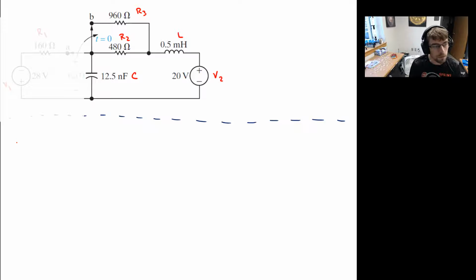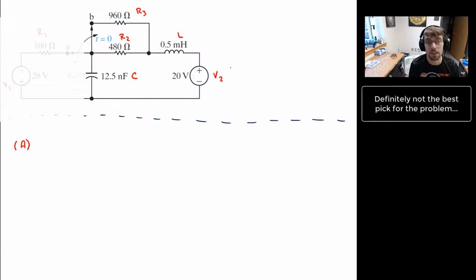If I'm talking about node A, convention is that current is flowing away from node A. And from the previous figure, I went ahead and grounded the bottom branch here, so I'll just keep doing that. Notice that the bottom branch is not necessarily an essential node anymore. It's probably not even the best pick for this problem, but I'm doing that because this is the potential difference I'm actually interested in, the drop across the capacitor.